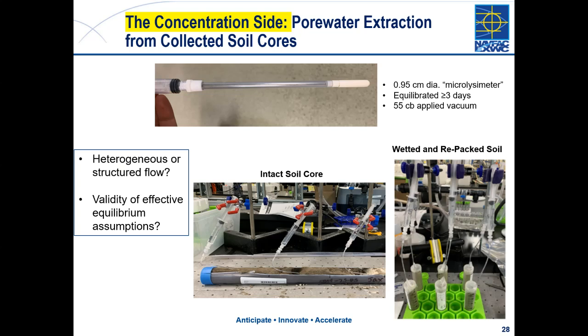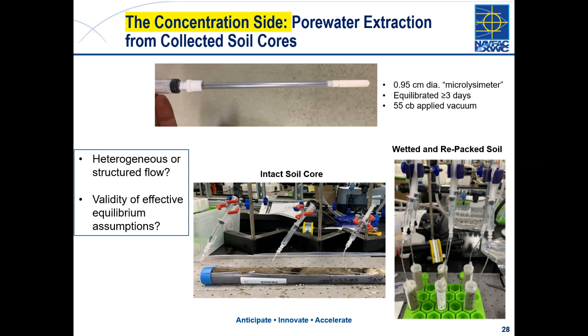So in addition to using lysimeters, which is a great in situ technique, we've also developed a bench scale method of collecting pore water. This can be really useful at sites where maybe it's very deep, or maybe it's too dry, or we just can't collect a sample in the field. We essentially use what I term micro lysimeters.